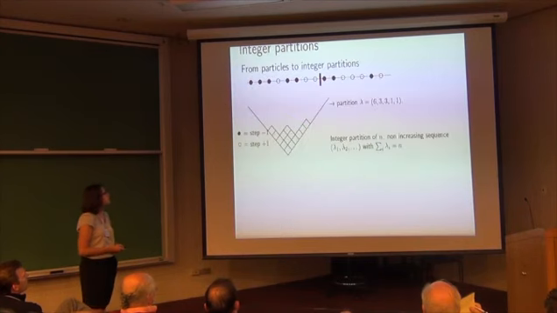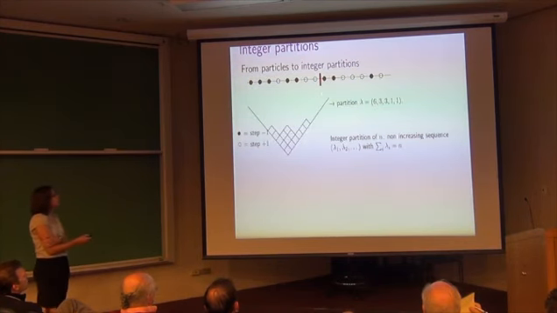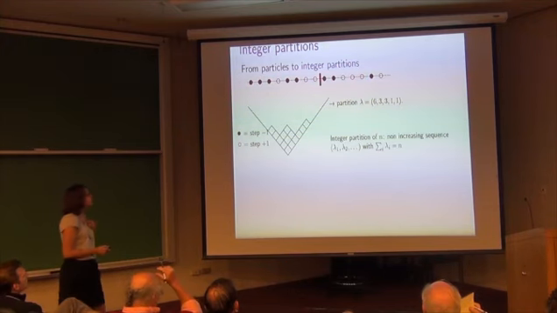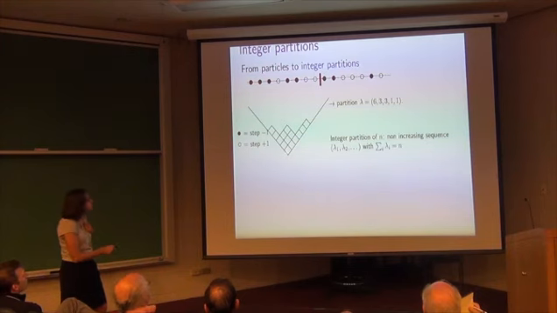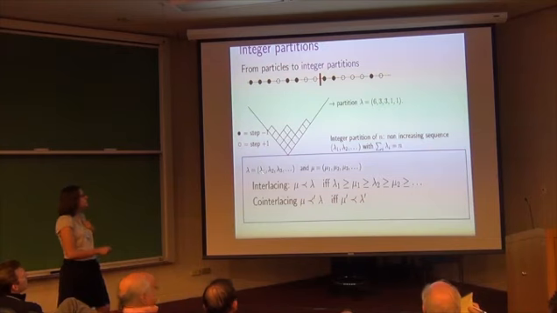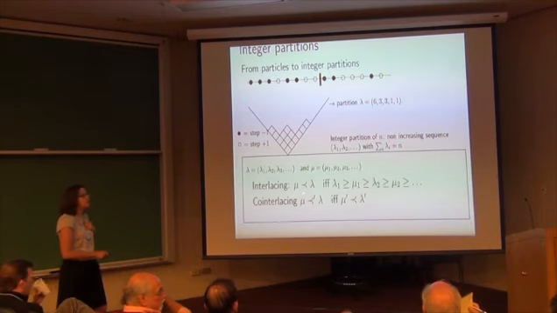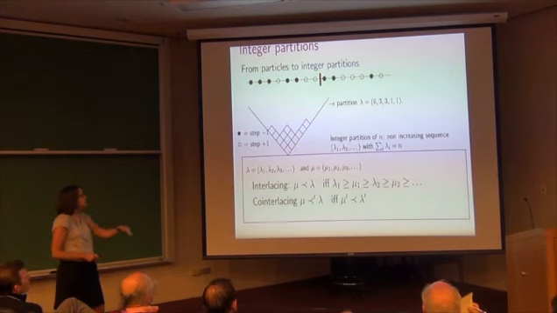Now we all know that from a sea of particles, you can construct an integer partition. So when I see a black, I do a down step. When I see a white, I do an up step. Okay. So from this sea of particles, I get a partition. So 6, 3, 3, 1, 1. Okay. And two lines are interlacing if and only if the parts of the partitions are interlacing themselves.